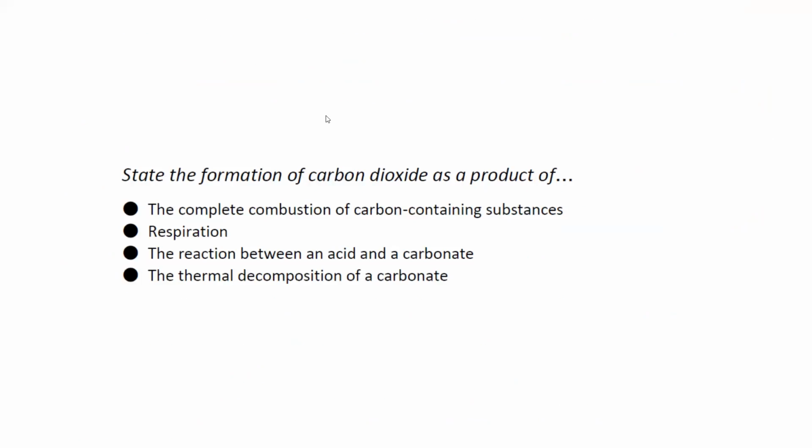So, the formation of carbon dioxide: how can carbon dioxide gas be given off? There are different ways carbon dioxide gas is given off. One is by combustion of carbon-containing fuel. For example, if we burn methane, this gives carbon dioxide and water.